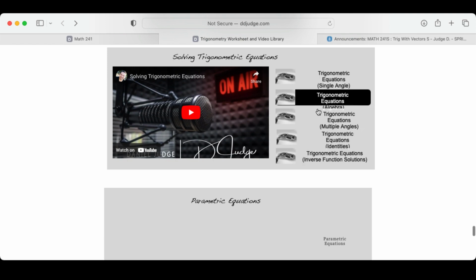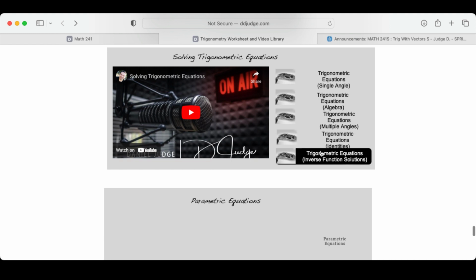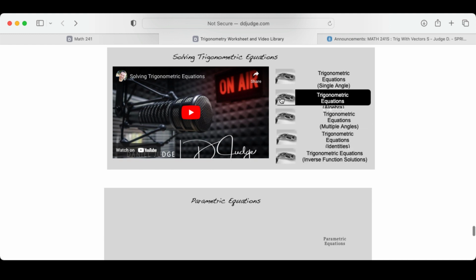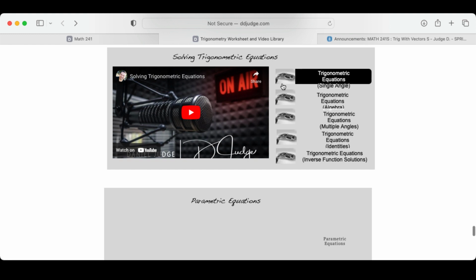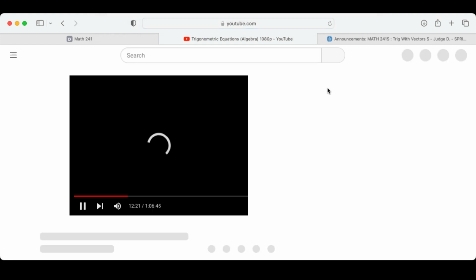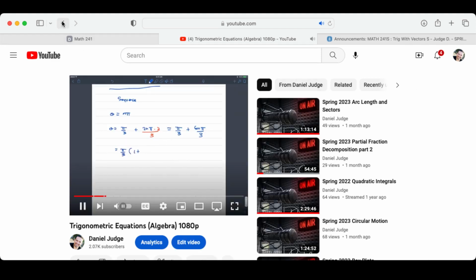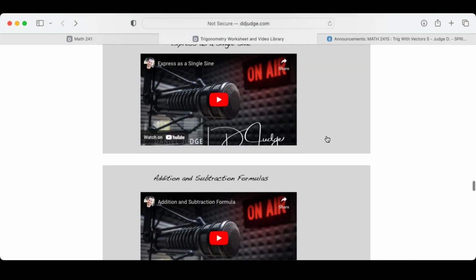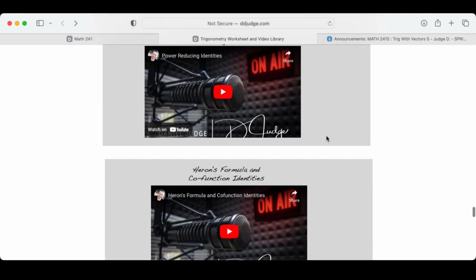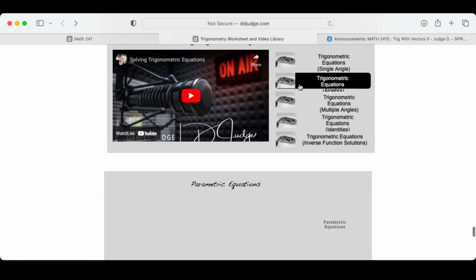This is too close together. I have to fix this when I get home. I want to go to the single angle questions, and it looks like it's overlapped. These are some of the ones where you have some algebra. These are the algebra versions here. So I'm going to fix this when I get home so it's not overlapping and you can access single angle.